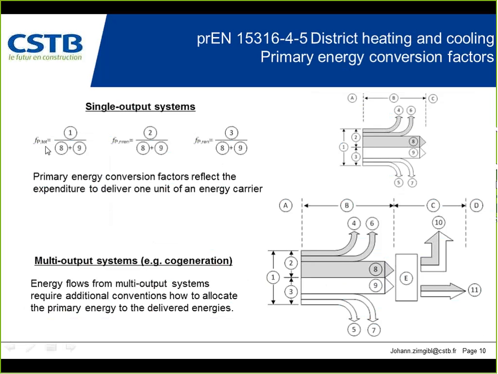Here you can see we distinguish between the total primary energy factor, the non-renewable primary energy factor, and the renewable primary energy factor. And here you see how it is taken into account to calculate the primary energy factors. It is, let's say, the expenditure between the delivery, here is the billing side, and the source of the energy carrier. It's this ratio. And the different details are given here with a number, so we can follow it.